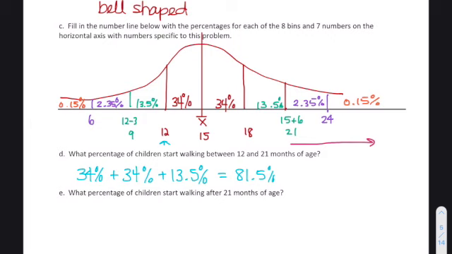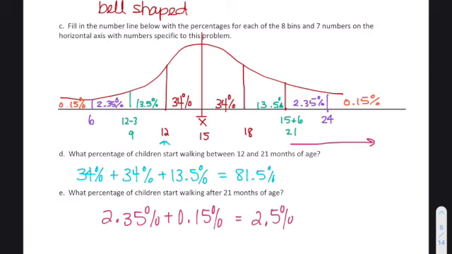After 21 months, it's going to be 2.35% plus 0.15%. And that is going to be equal to 2.5% of the children start walking after 21 months old.